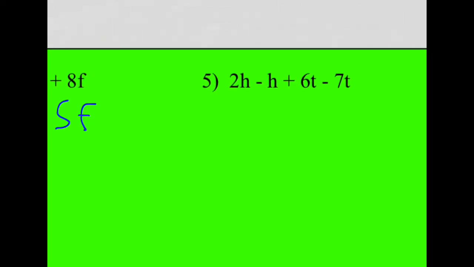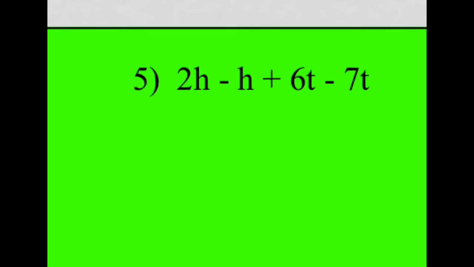Okay, let's look at some ones that start to have negatives now. So number 5, we have 2h, and remember this means 2h minus 1h, even though we don't see that one, plus 6t minus 7t. So we have 2 h's and we have a negative 1h. That combines to h or 1h.